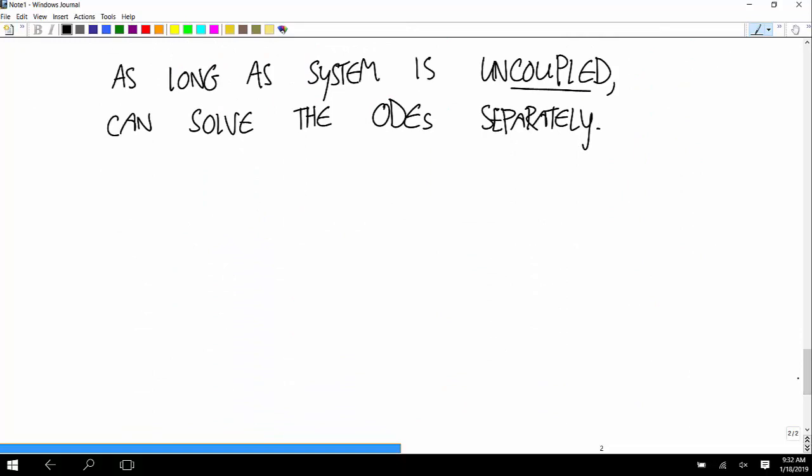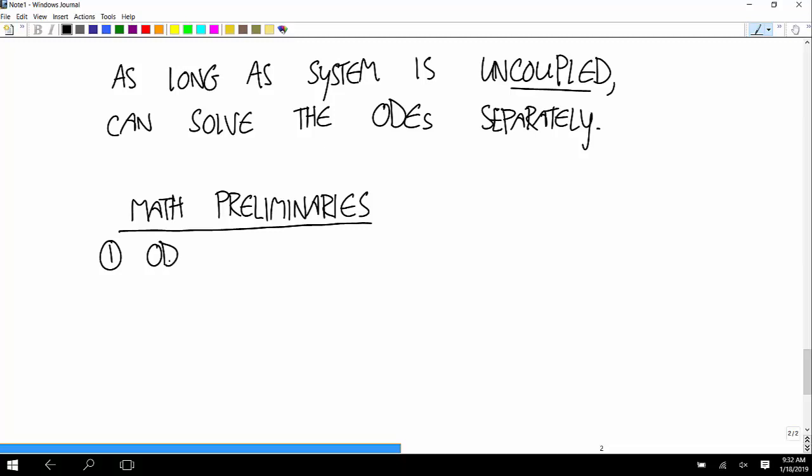Okay, so now here's where we are in the math preliminaries. That's all I want to say about separation of variables. So first was ODEs using separation of variables, and we're done with that one.